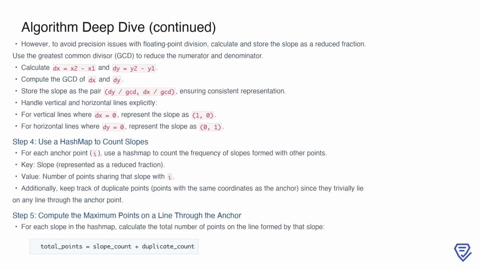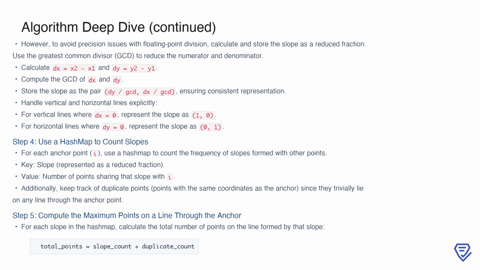However, to avoid issues with floating point precision when calculating slopes, we store slopes as reduced fractions instead of using division. This involves calculating the differences in x and y coordinates, simplifying these differences using their greatest common divisor, and then storing the slope as a pair of integers, the reduced numerator and denominator.